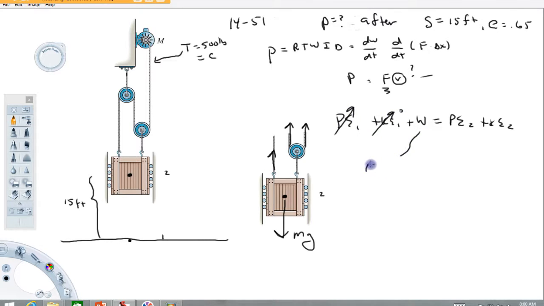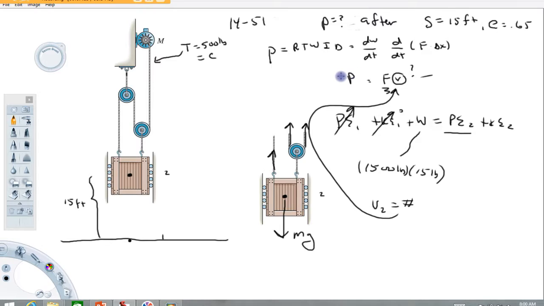This guy right here is going to be 1,500 pounds times 15 feet. PE2 is going to be an MGH term. KE2 is going to be a 1/2 mv squared term. You should get an equation here that you can solve for V2 and get a number out of it. That number can go here, and you'll be calculating the power output of the motor.